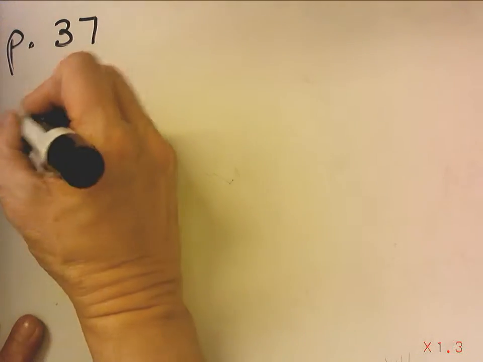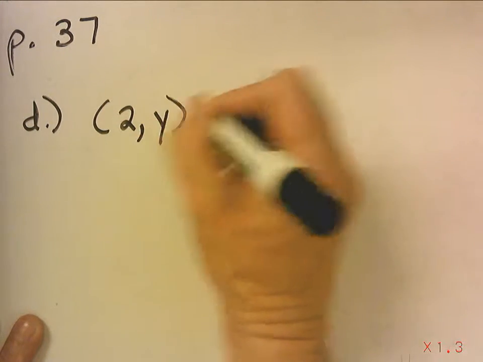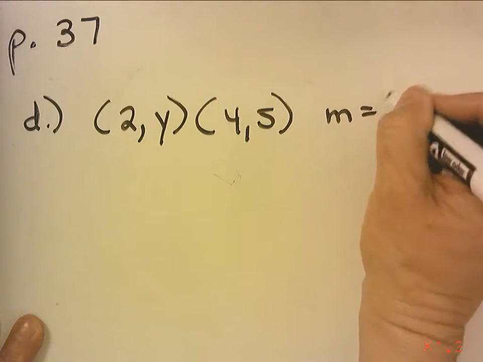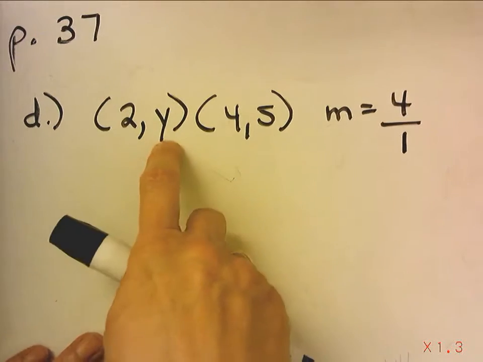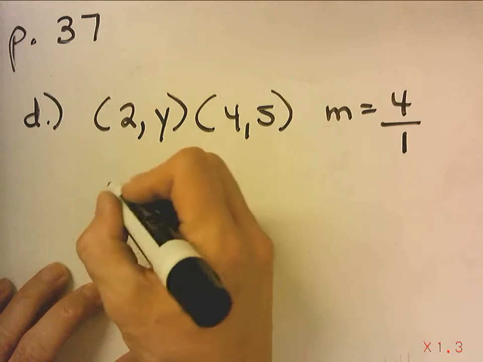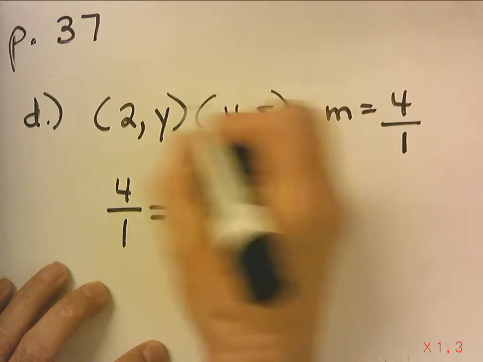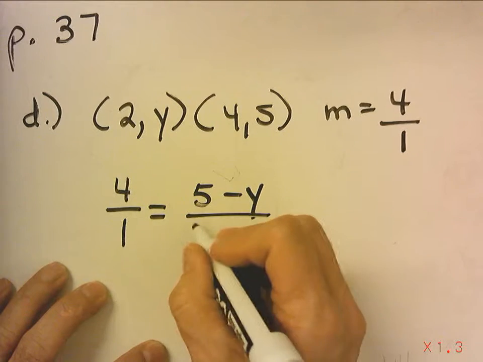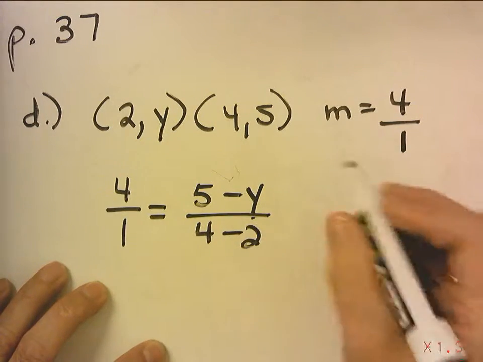Now, for D, we're still going to use the slope formula, except this time they give you the slope, but you're missing a coordinate. So we're still going to set it up as m equals, slope equals, y sub 2 minus y sub 1 over x sub 2 minus x sub 1.